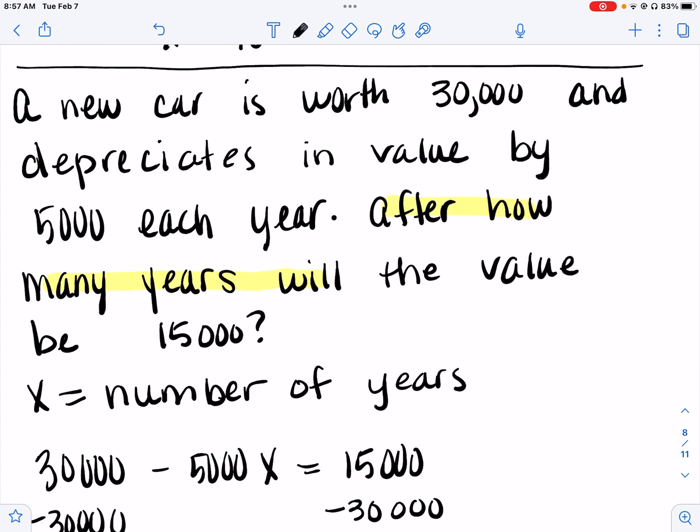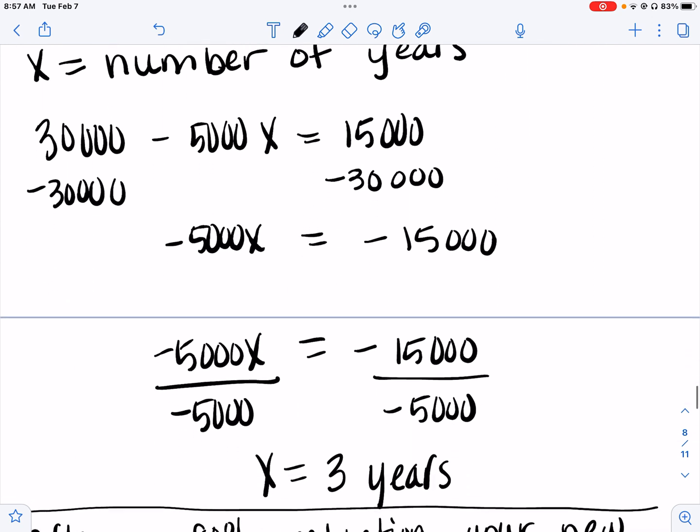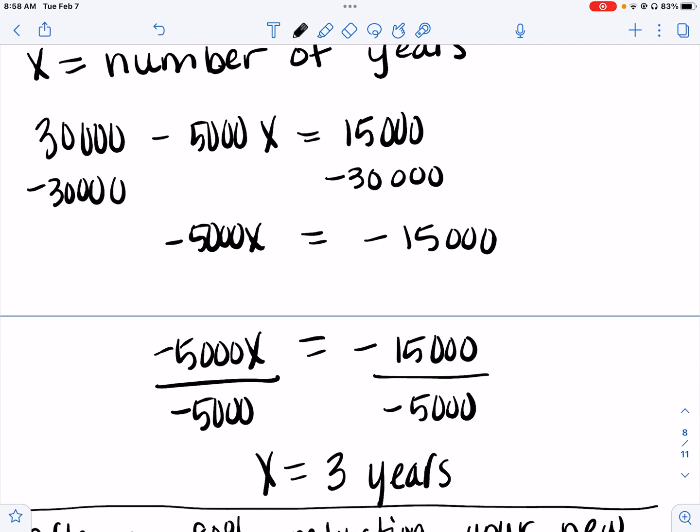A new car is worth $30,000 and depreciates in value by $5,000 each year. After how many years will the value be $15,000? So after how many years tells us x is the number of years. Okay, so on the left side, that's our value.